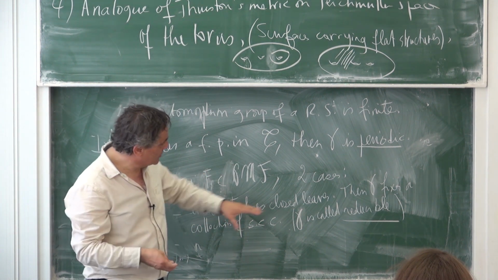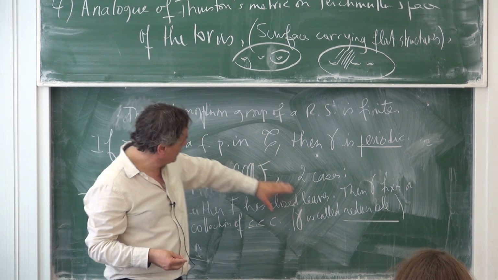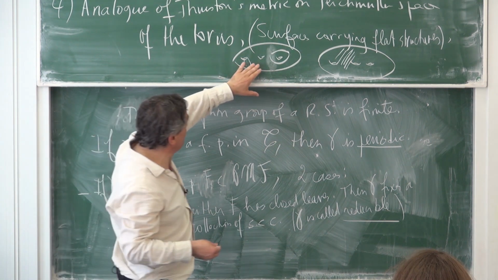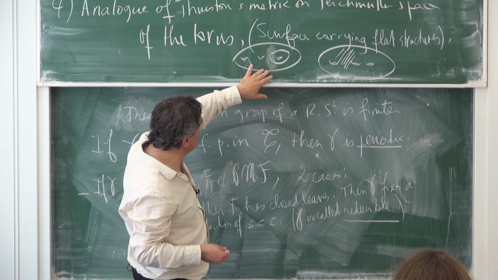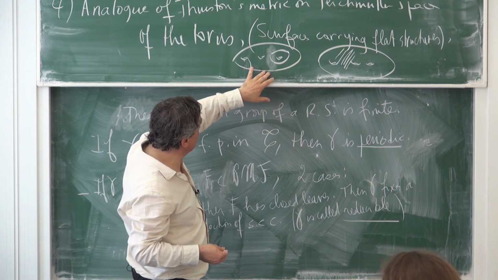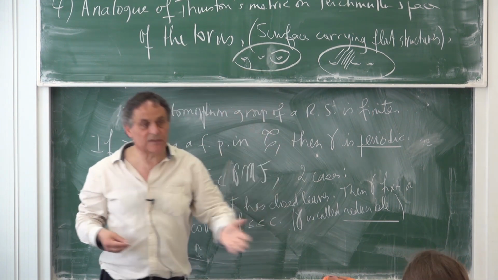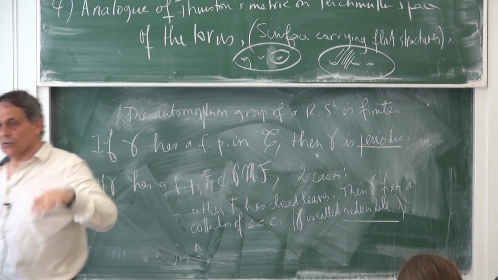So you have reduced your complication. Well, you analyze the action of gamma on the Teichmüller space of the reduced surface, and you continue.